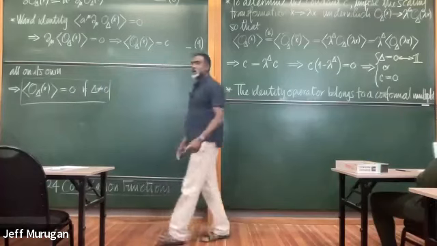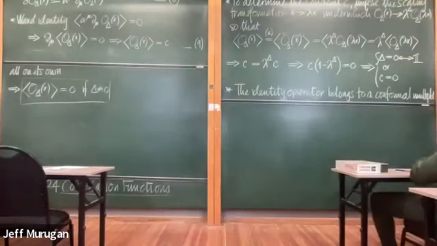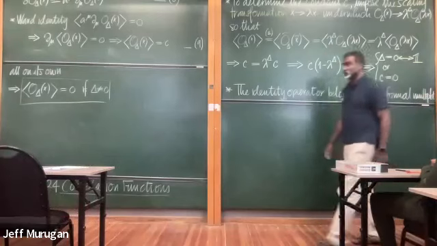Again, if I wanted to calculate this object, I would have to calculate two path integrals, in fact. The path integral for the normalization that sits in the denominator, and the path integral with the insertion of O that sits in the numerator. And when I do that, I will find that it's 0. But it's a lot more work.